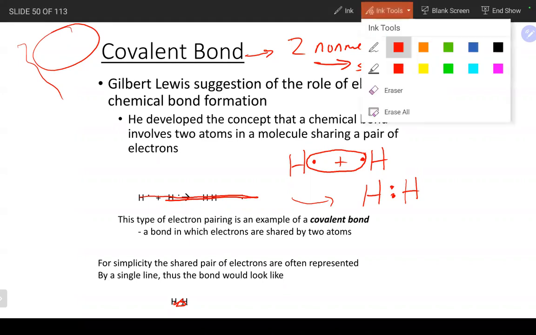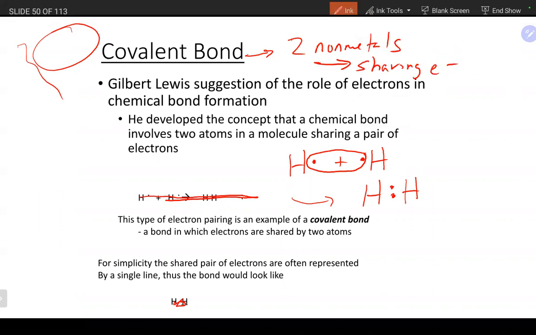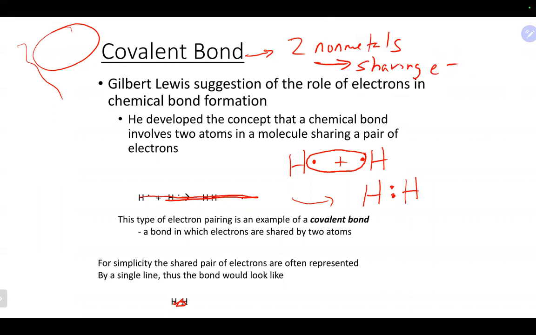So how does this benefit each of them? By sharing electrons, those electrons that are in the middle count for the hydrogen on the right. And those electrons that are in the middle also count for the hydrogen on the left. So they count for both of them. And that means that technically speaking, by sharing electrons here, each of the hydrogens has two electrons.